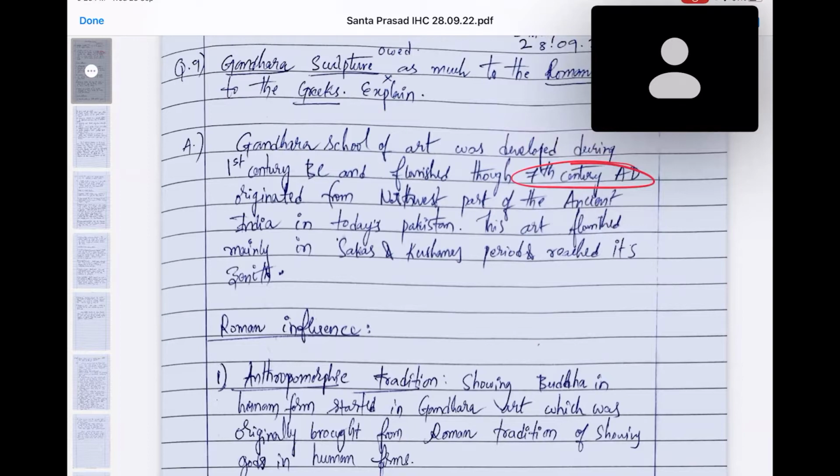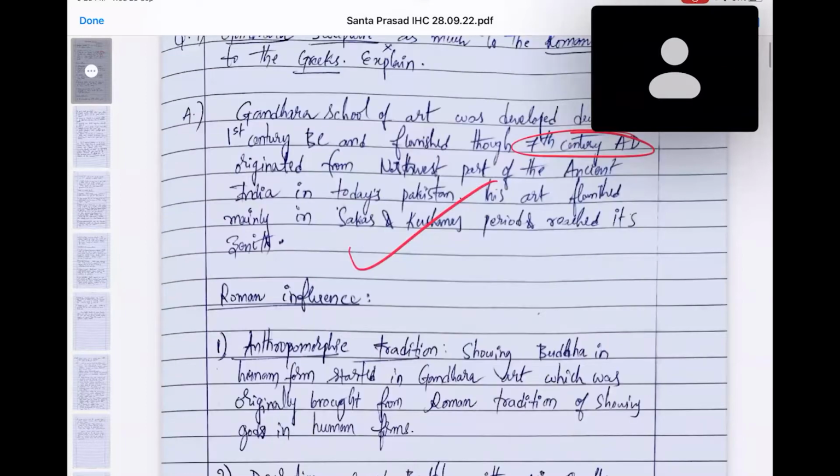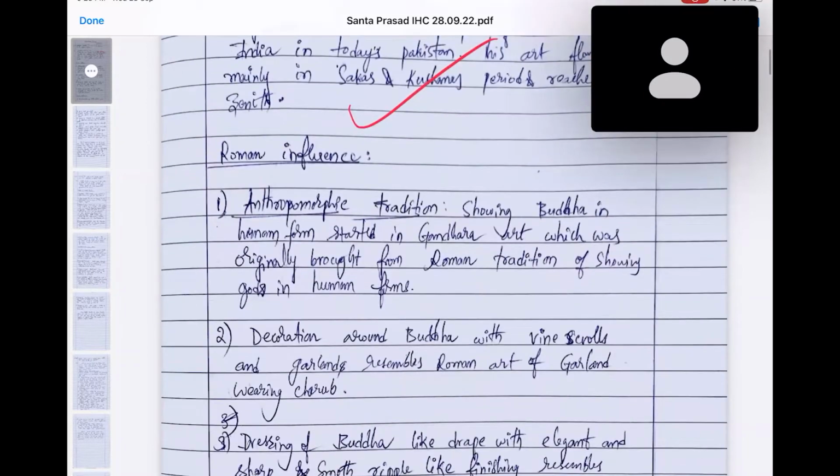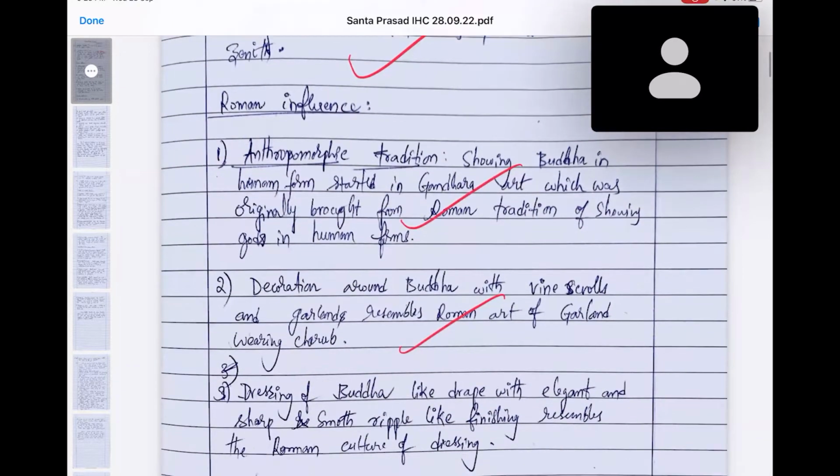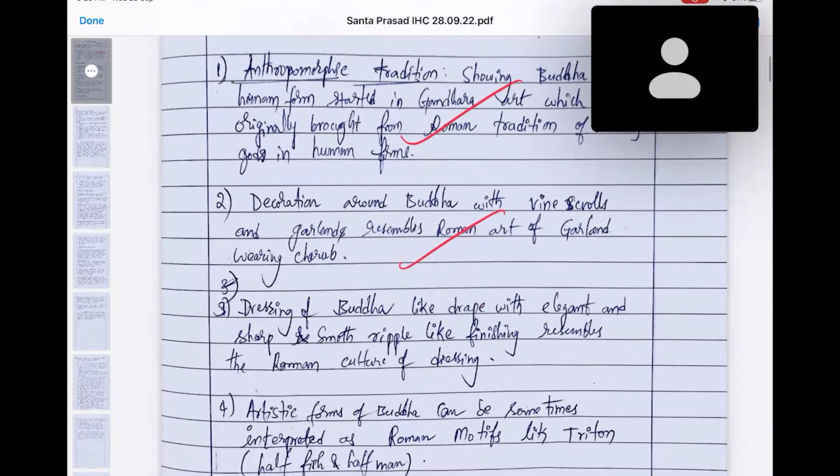Okay, up to 5th century you can write because Taxila was important up to 5th century. Dressing of Buddha, artistic forms.